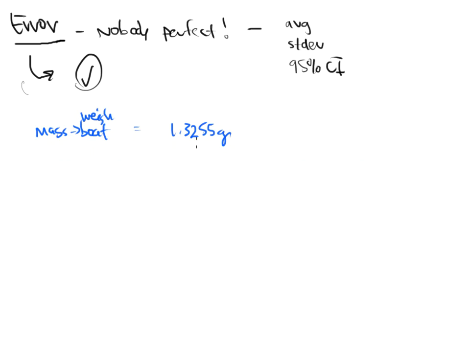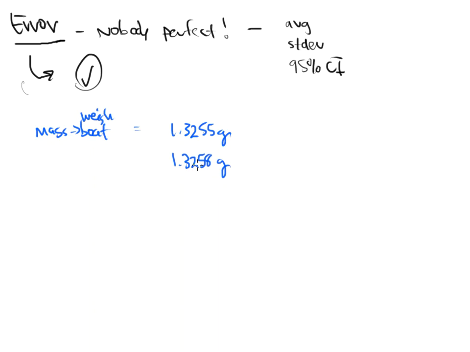And then I write down that number, and that's the number that I report. Well, let's say that someone else goes into the lab and takes the same identical weighboat, and weighs it on the same identical balance. They might report back 1.3258.